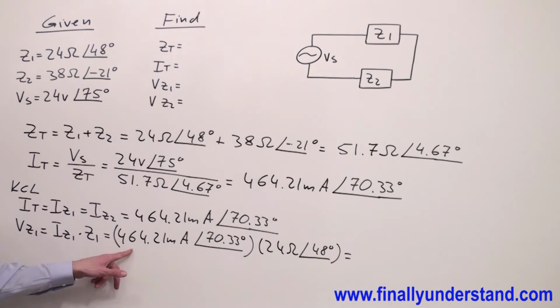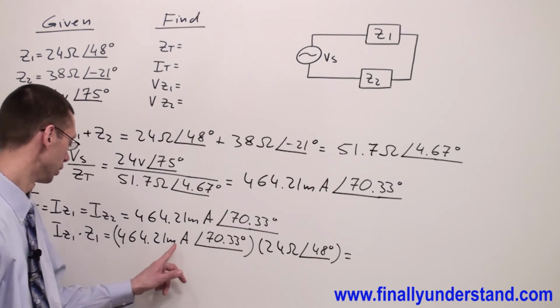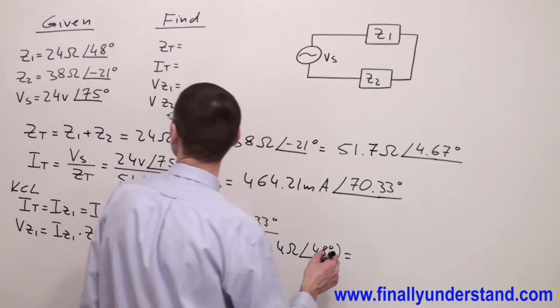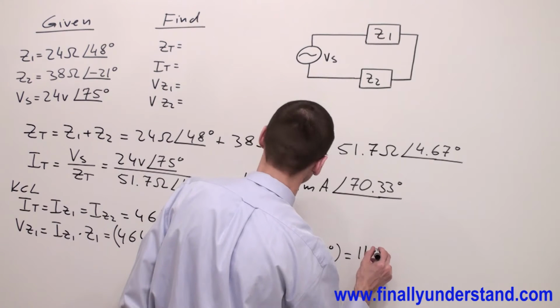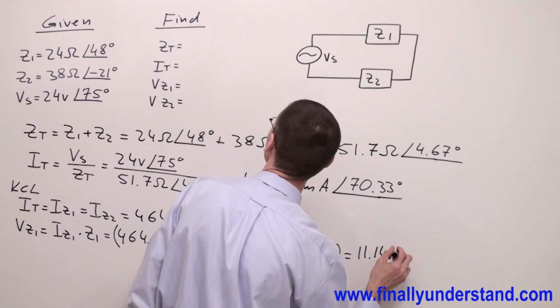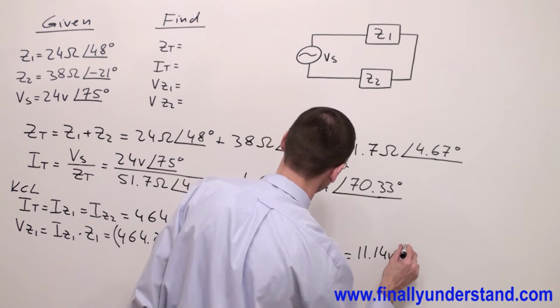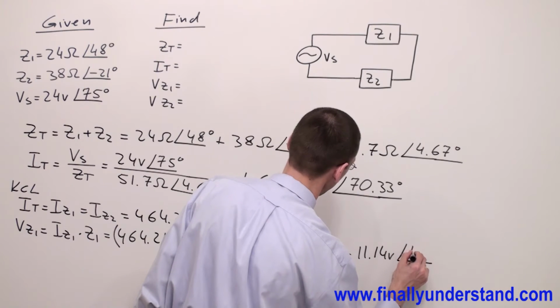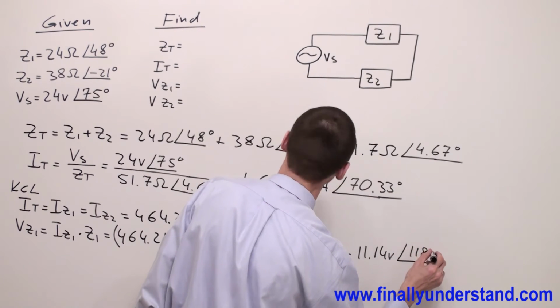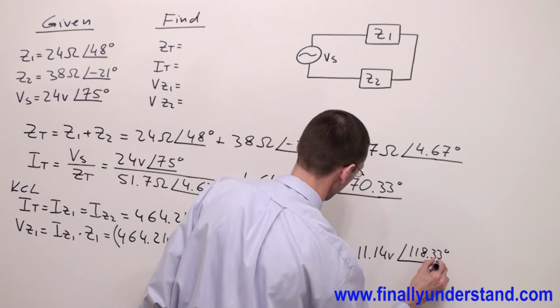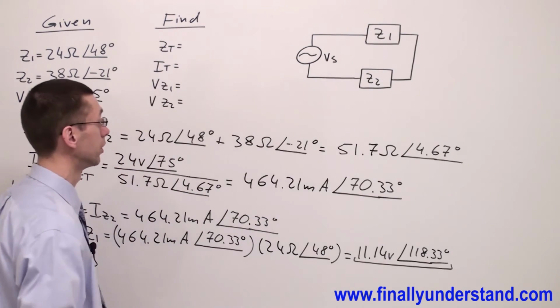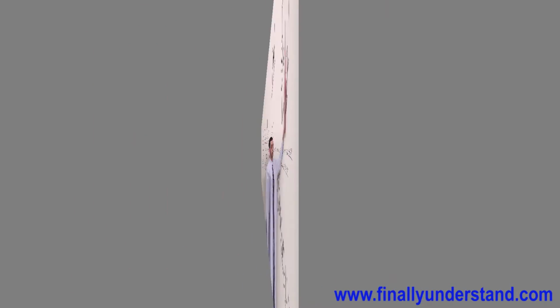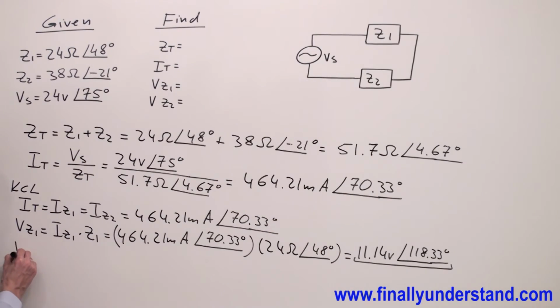Again, you're supposed to use the calculator, multiply these two values, and you're supposed to get the value of 11.14 volts and angle of 118.33 degrees. This is the voltage drop across impedance Z1.